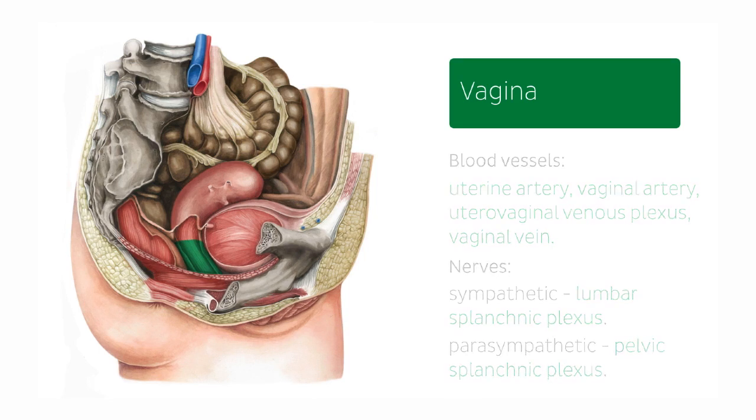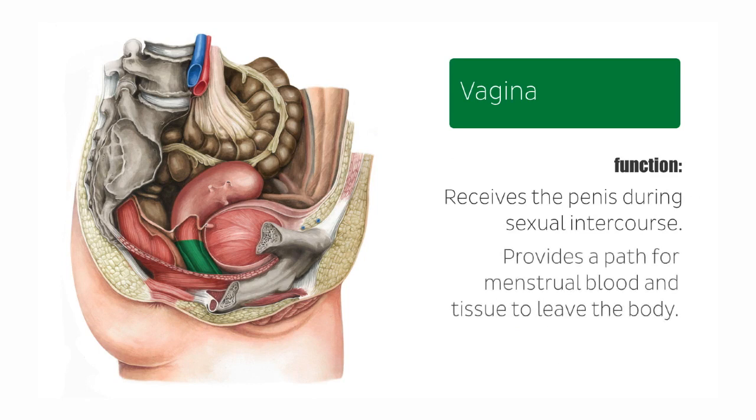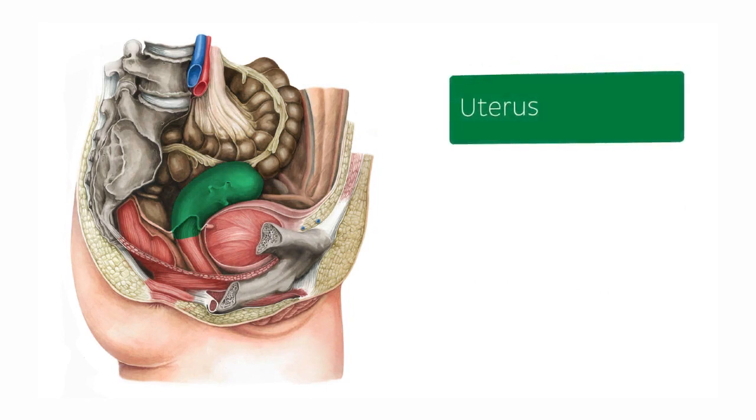There is also a role or function associated to this structure. It will receive the penis during sexual intercourse and also provides a path for the menstrual blood and tissue to leave the body. We're going to move on to the next structure that you see here highlighted that I briefly mentioned before. This is known as the uterus.